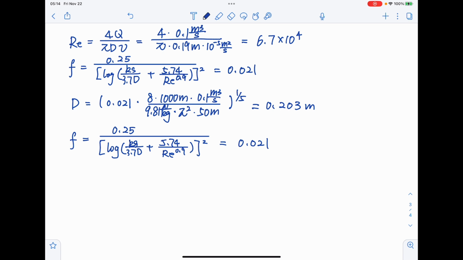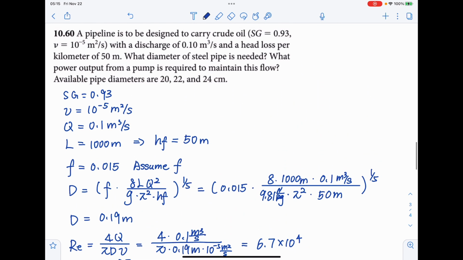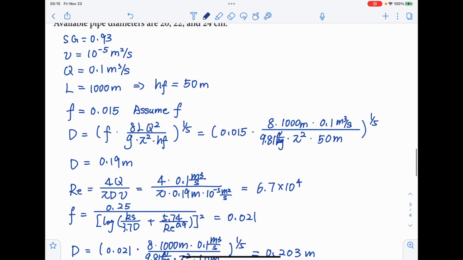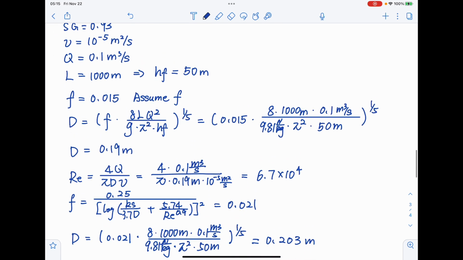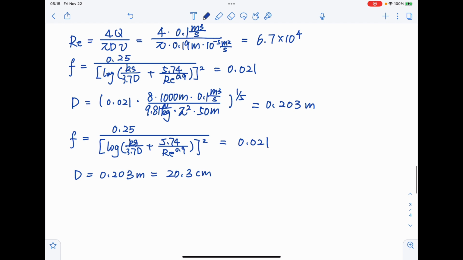Because we have D of 0.203 meter, it should be about 20.3 centimeter, and we will need a pipe that's a little bit larger than this number, or we can say the next larger pipe size. So given the problem gives us 20, 22, and 24, we should choose 22 centimeter pipe.